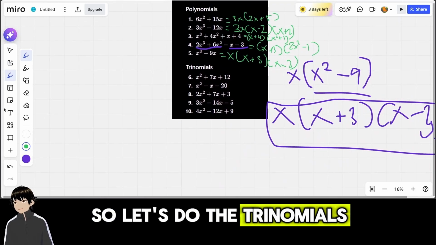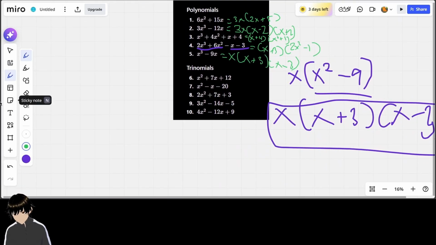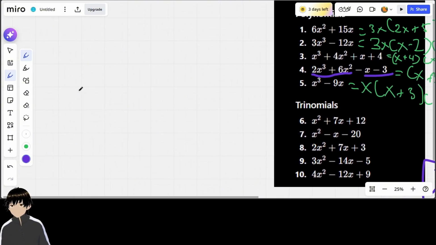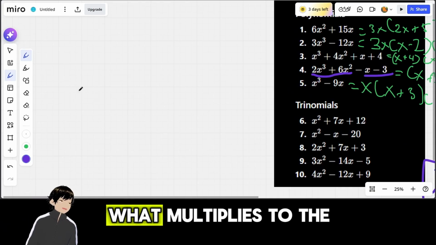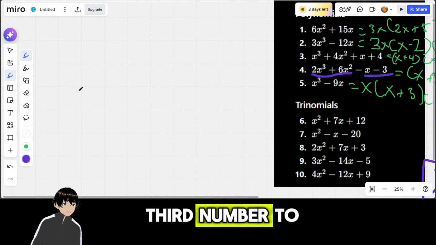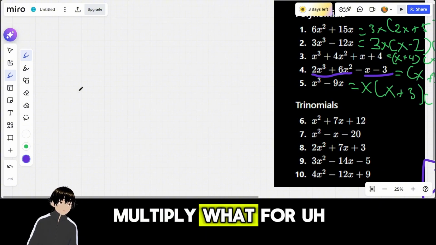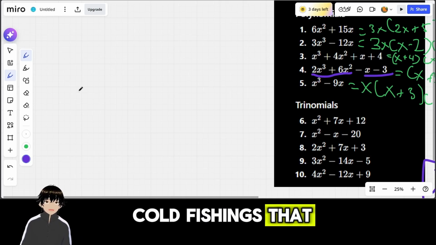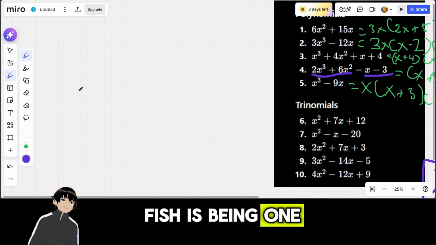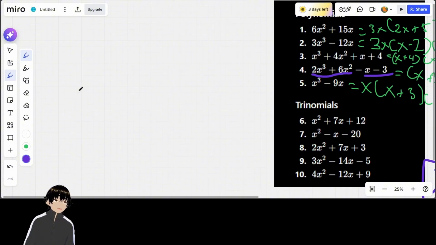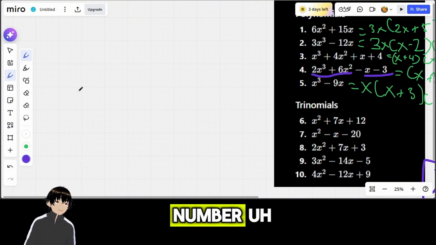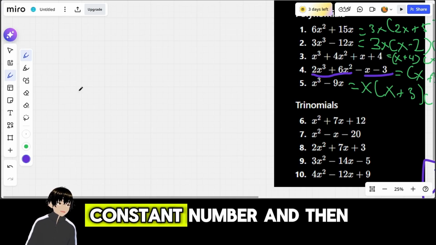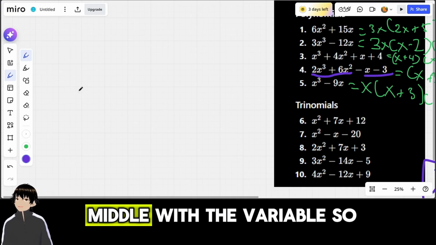So let's do the trinomials. The trinomials are fairly easy. You just have to find what multiplies to the third number. For coefficients where the leading coefficient is 1, you just have to find what multiplies to the constant number, and then the number in the middle with a variable.